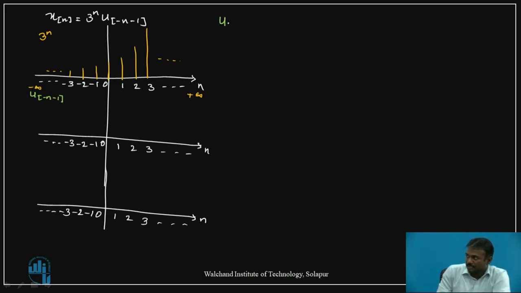So we already know the definition of u of minus n minus 1, which is equal to 0 for n greater than or equal to 0, and it is equal to 1 for n less than 0 here. So with respect to this definition, we will draw the graphical representation of u of minus n minus 1. So this exists from minus infinity to minus 1 here, whereas for n equal to 0 to plus infinity, the values of u of minus n minus 1 is equal to 0.